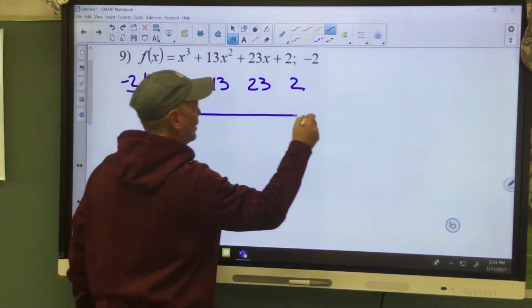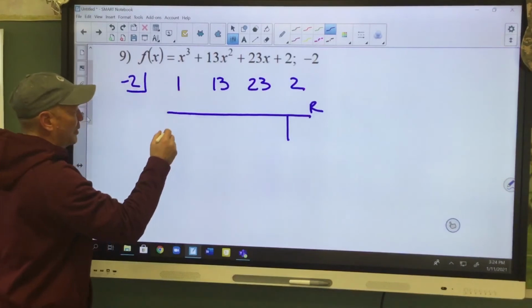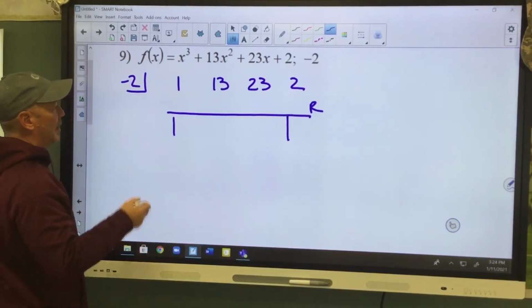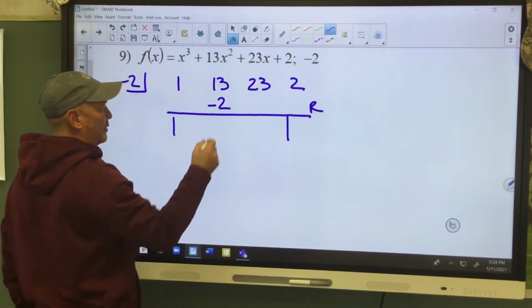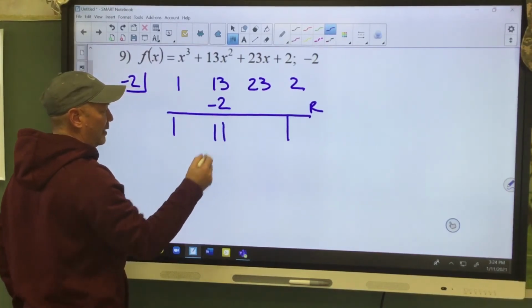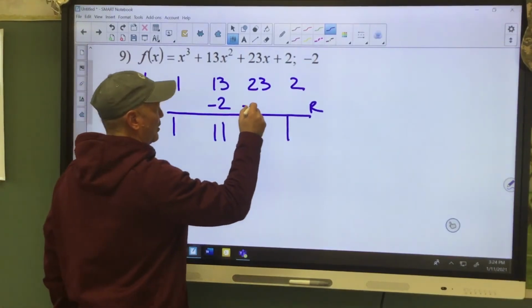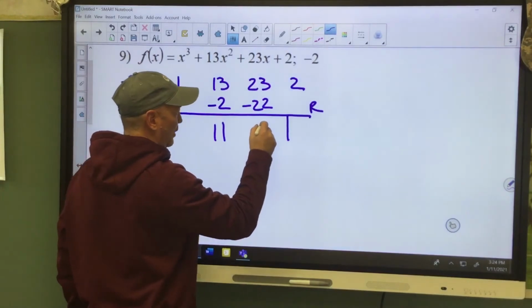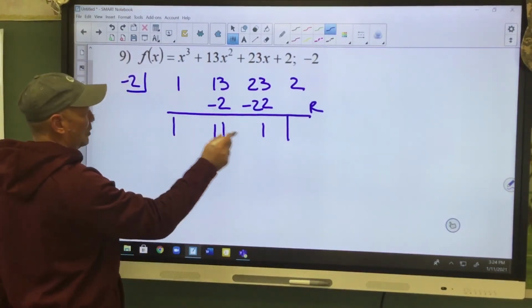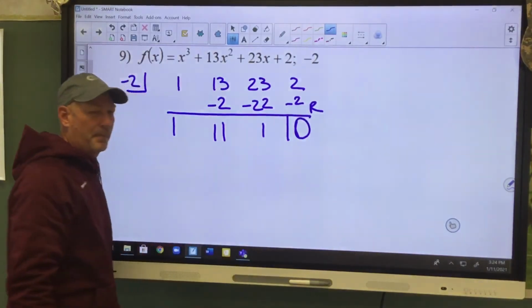Draw your line, set up your remainder column, bring down your first number. -2 times 1 is -2. That's going to leave me with 11. -2 times 11 is -22. That's going to leave me with a 1. -2 times 1 is -2, which leaves me with a remainder of 0.